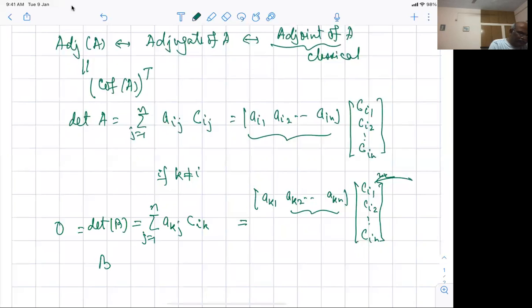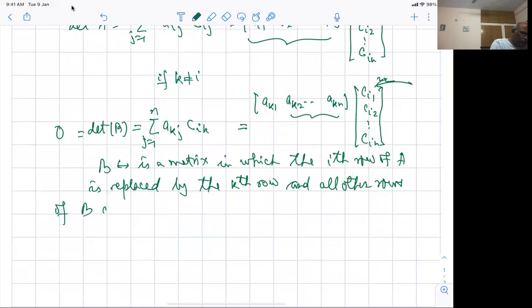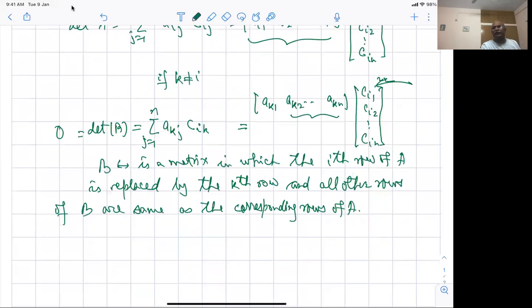What is B? B is a matrix in which the ith row of A is replaced by the kth row, and all other rows of B are the same as the corresponding rows of A. So there is no change except for the ith one.